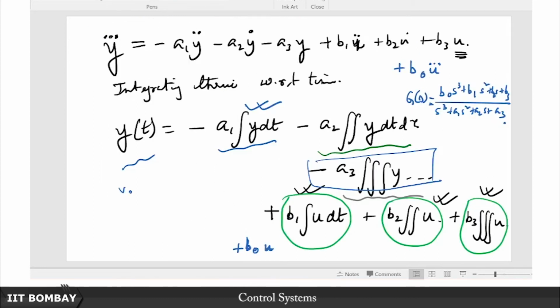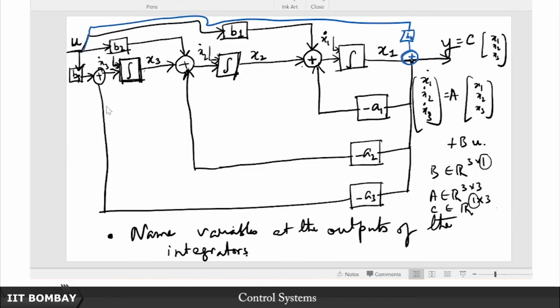You see, if you had this plus B naught U triple dot, the moment you hit this with 3 integral actions, so integrating thrice with respect to time, this U triple dot would just spit out this U, so you would have had just this B0 U, yeah, and this B0 U means that in this block diagram here, this U without passing through any integrator, just pure form of U just passes and gets added with whatever comes through all that integrator action, it just gets added with it and just passes through, so it is a feed forward, yeah.